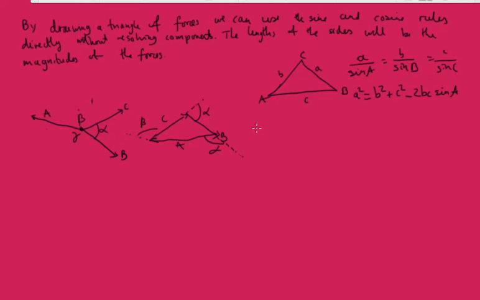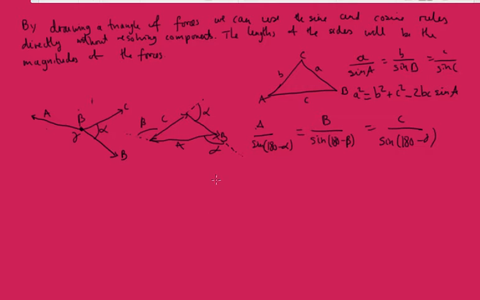So if we apply the sine rule to the triangle, we would have A over sine of 180 minus alpha equals B over sine of 180 minus beta equals C over sine of 180 minus gamma.